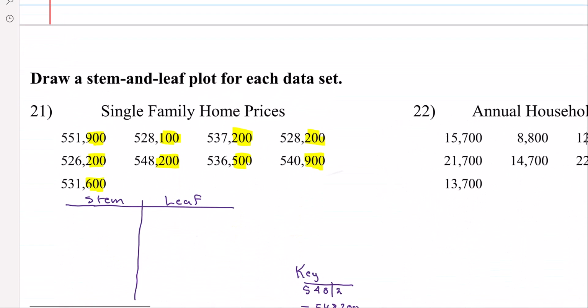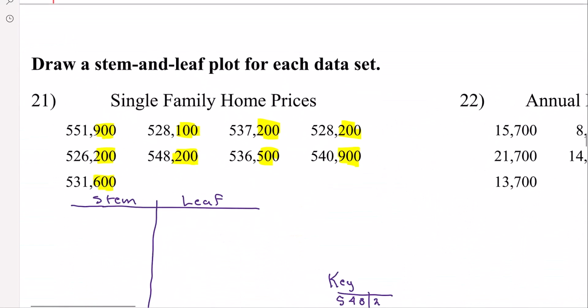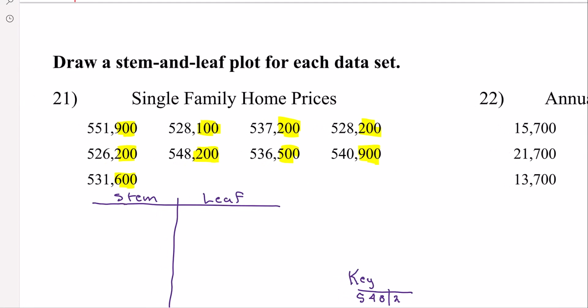Okay, now we're going to draw a stem and leaf plot. All right, these are a little bit tricky. Notice the zeros there. So the stem are all the values to the left of the least.